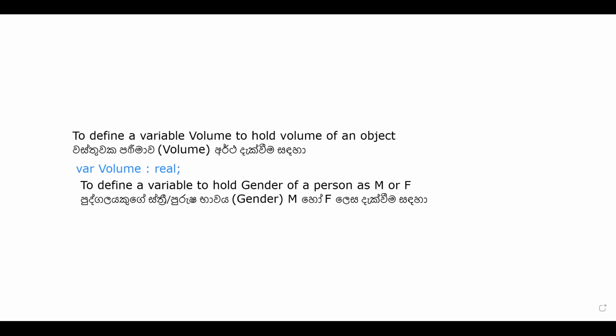Yes sir. Right. The next one, to define a variable to hold the gender of a person. If we want to represent a person's gender as male M, female F, how do you define it? Pramudi?